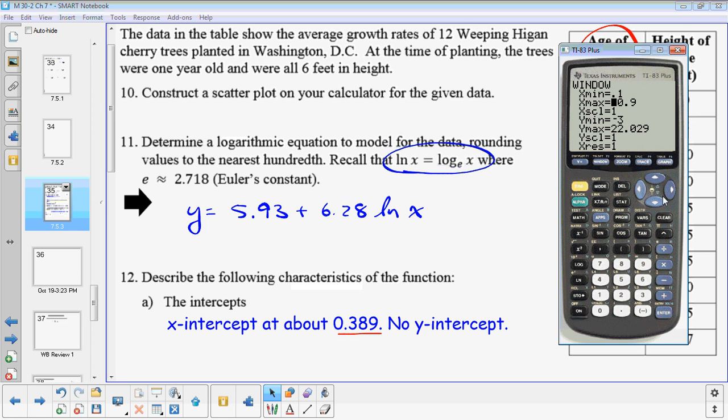So let's go up to 25. And when I trace, I'll just type in the 20. Oh, it's not doing it. So maybe instead of trace, I will calculate a value when x is 20. And I get 24.75. We're all good with that?